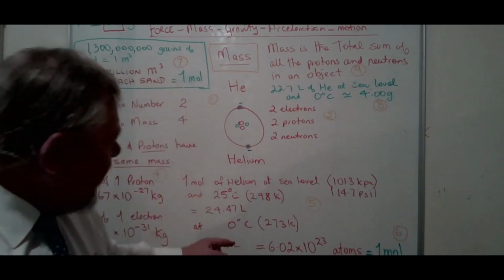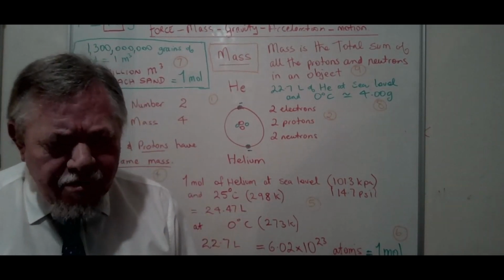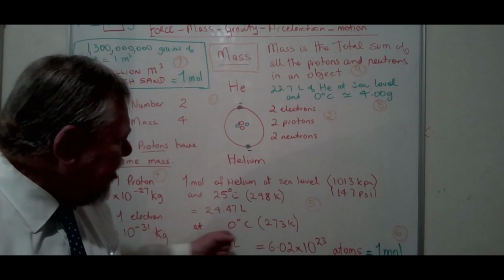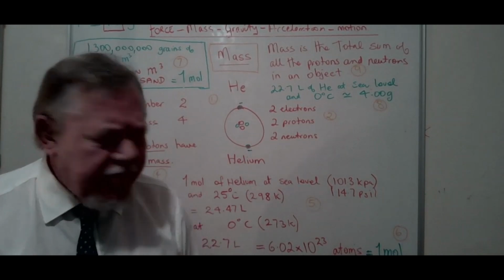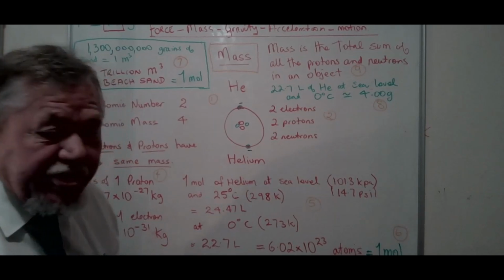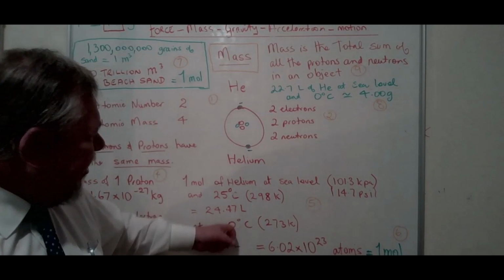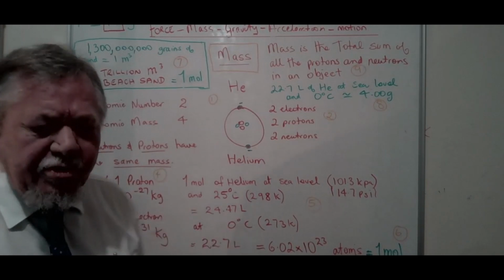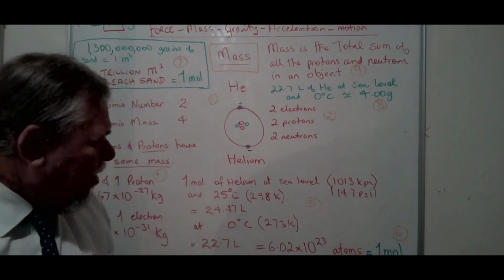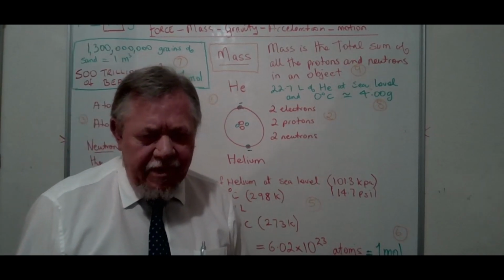If you brought the temperature down to 0 degrees C, so 273 Kelvin, then you'd end up with only 22.7 litres. You're bringing it down that extra 5 degrees, and you'd lose about 1.6 to 1.8 litres of gas.